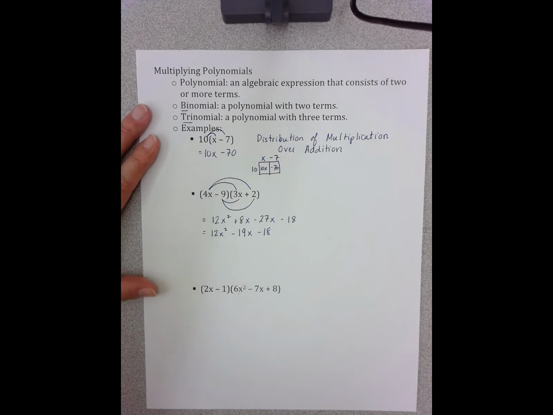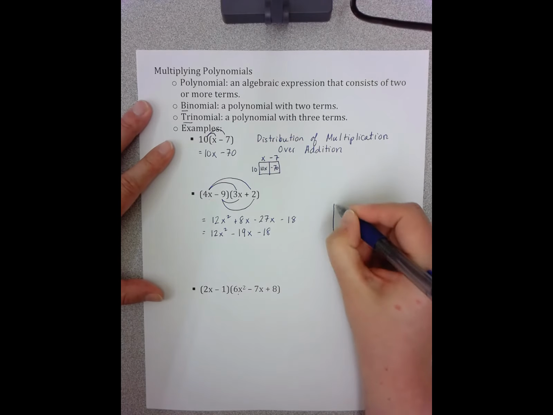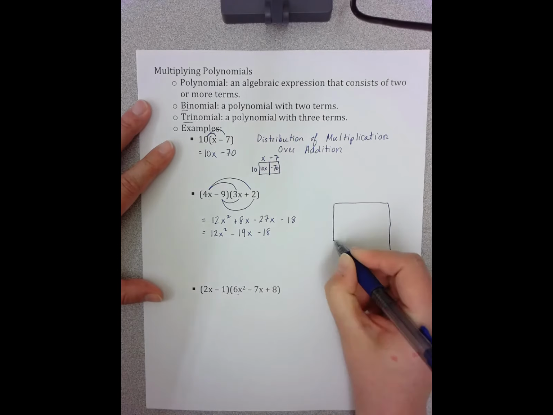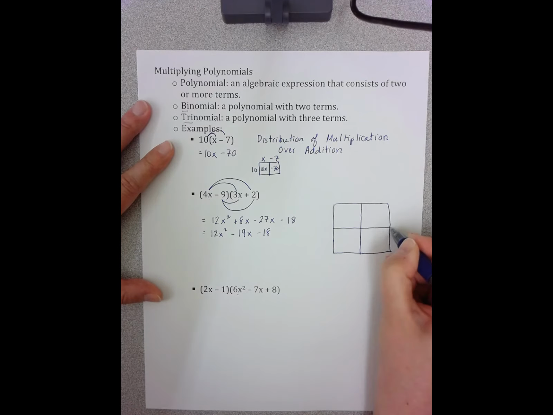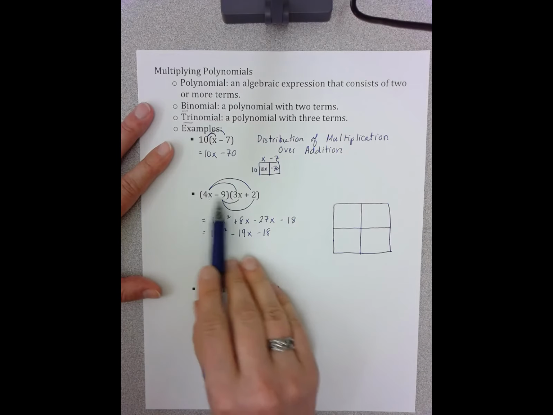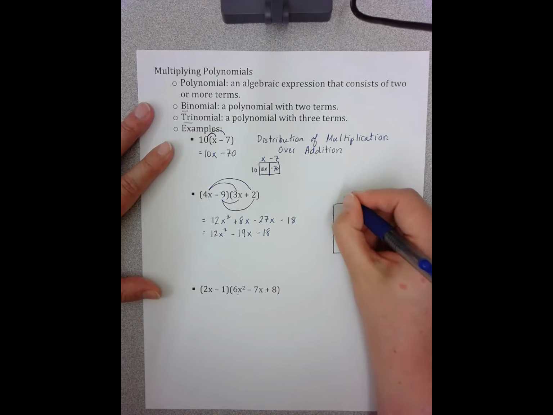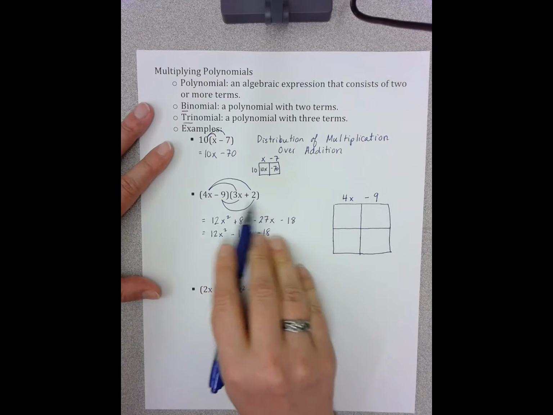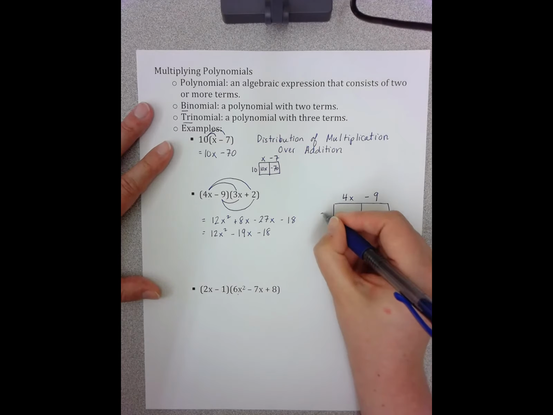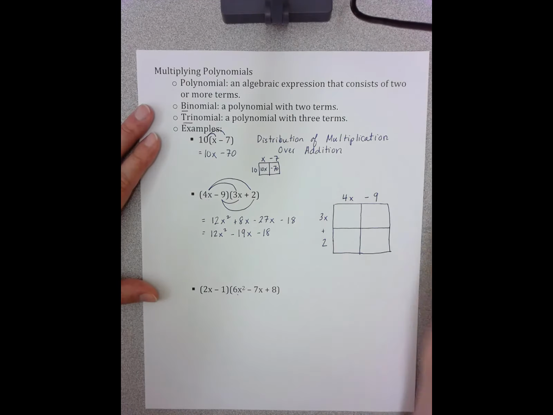Now the second way to do this is to use this rectangle area method. So when I do that, I draw my rectangle a little bit bigger this time, to make it a little easier. I use the first binomial to be one of the dimensions, either the vertical or the horizontal. I'll use it as the horizontal in this case. And the other binomial as the vertical, so 3x plus 2. And then I find the areas of each of these little pieces.